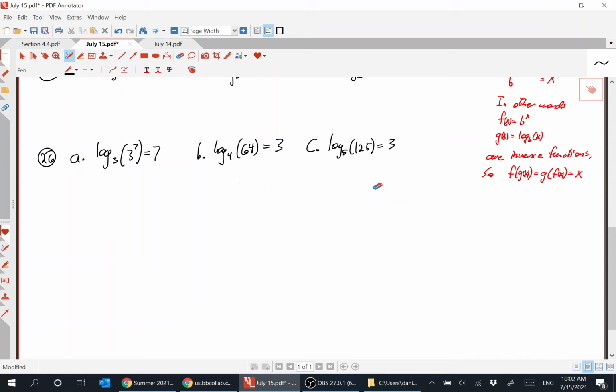So some other ones have some more complicated expressions in them. 29, A, log base 3 of 1 over 27. Well, 27 is 3 to the third. So 1 over 27 is 3 to what exponent?